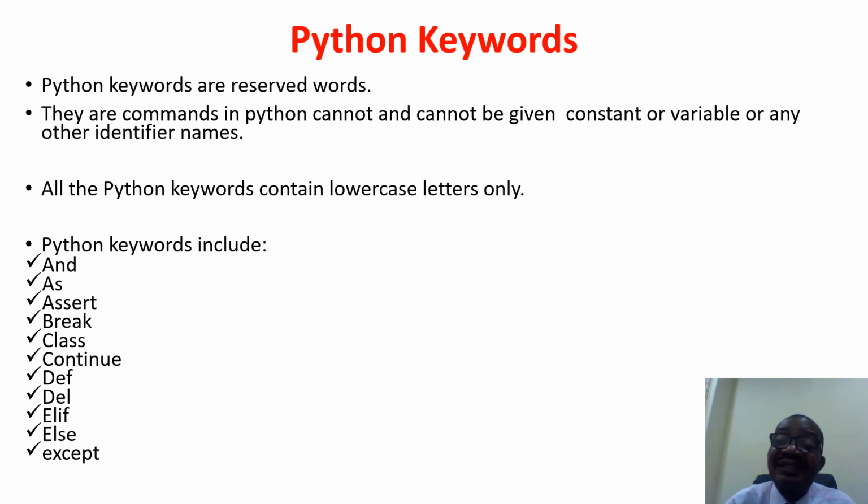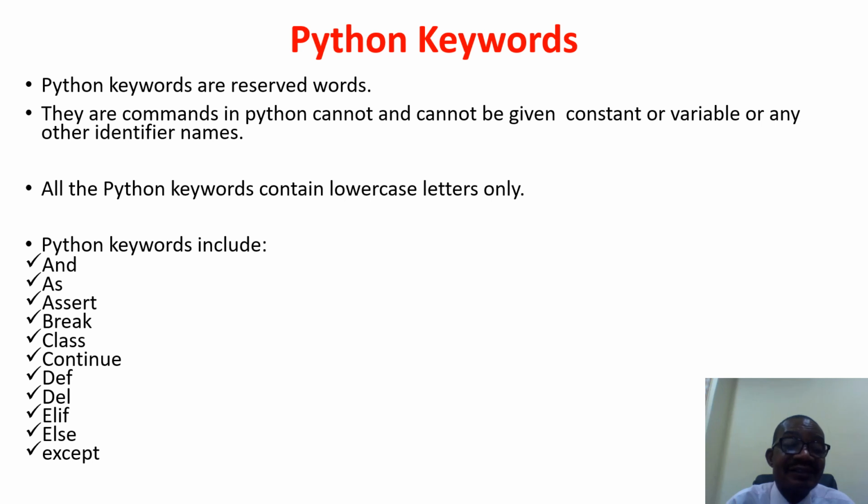Python keywords. Python keywords are reserved words. They are commands that are often used in Python. They cannot be constant values or anything, but they have to be a name, usually an identifier. All the Python keywords contain lowercase letters, not uppercase, meaning that they should be written in small letters because Python is a case-sensitive programming language.